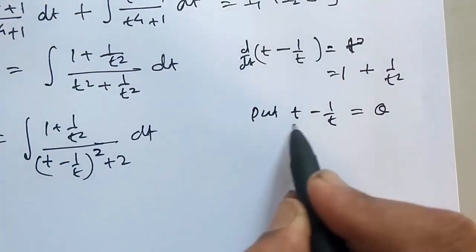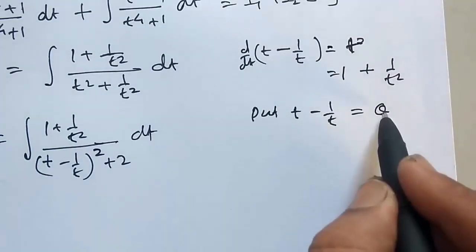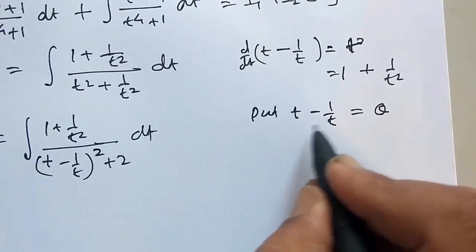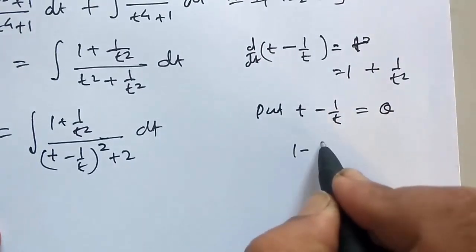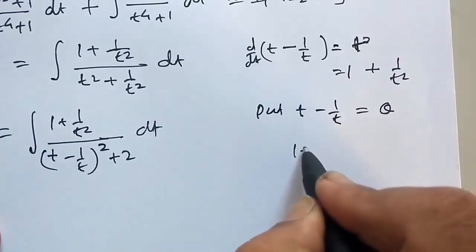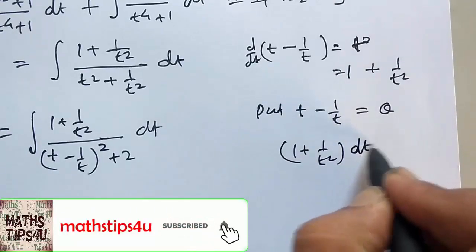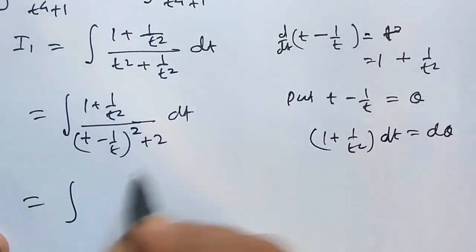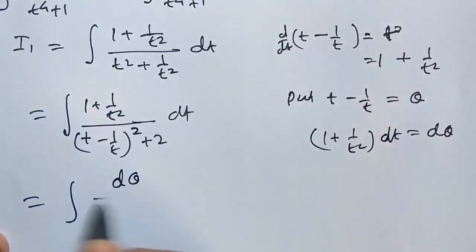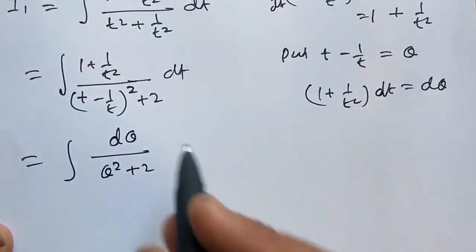So now we put t minus 1 upon t is equal to theta. Differentiating with respect to theta, we get 1 plus 1 upon t square dt is equal to d theta. So this is equal to d theta upon theta square plus 2.